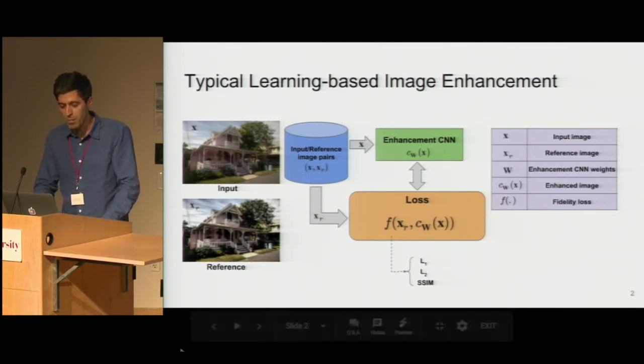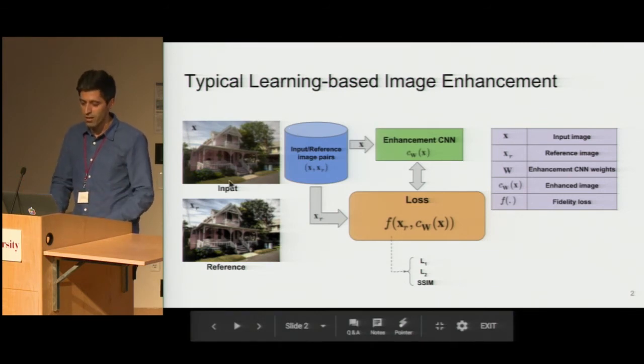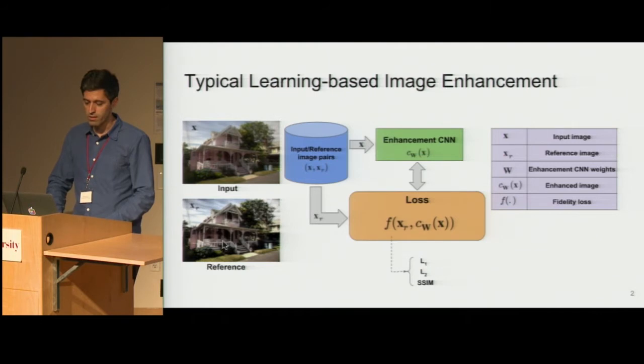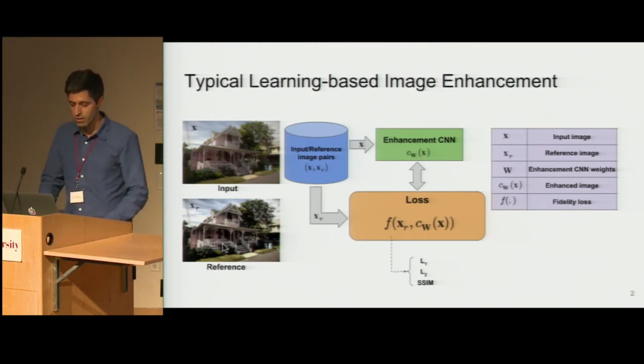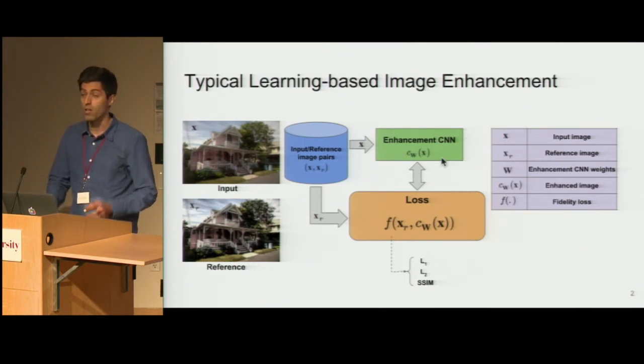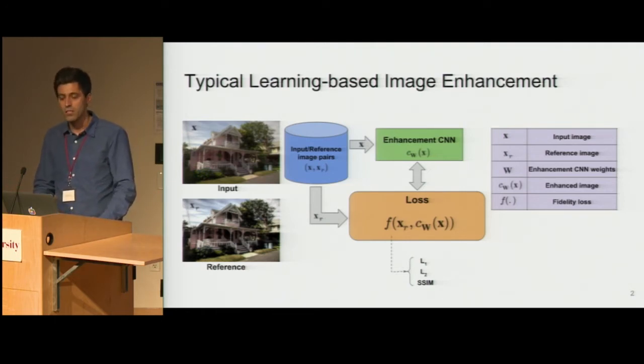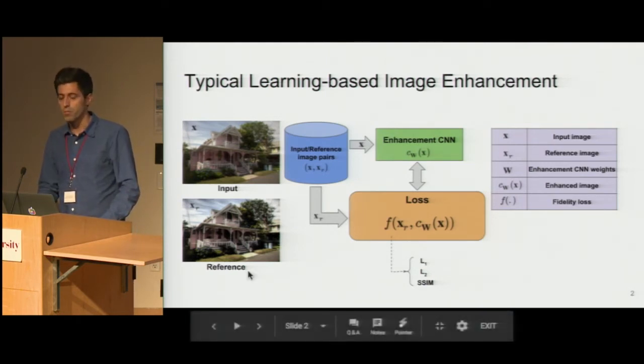We basically come up with a data set of images, usually paired images, an input and a target reference image that we desire to generate from the input. We have a model, for instance a CNN, to enhance the image. And the objective is to train this model with some training loss to get as close as possible to the reference image.